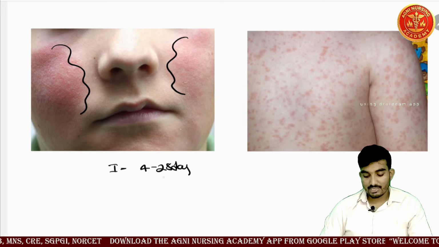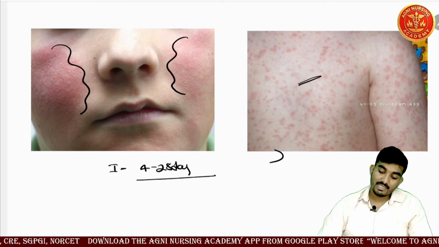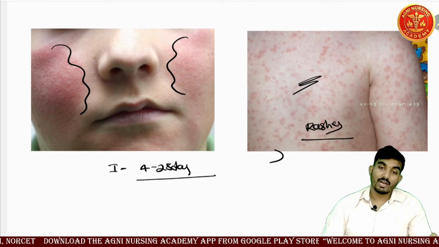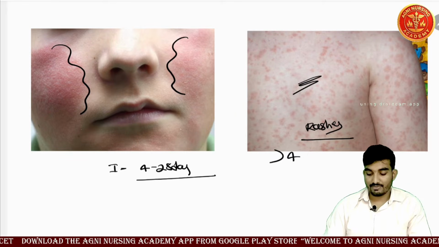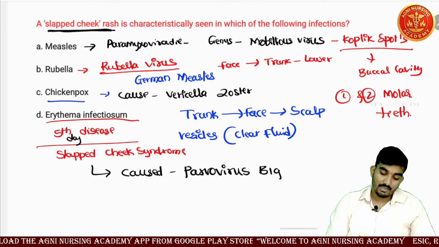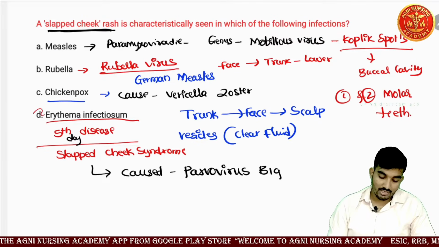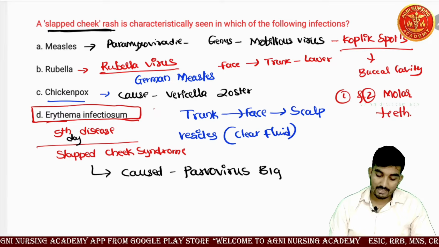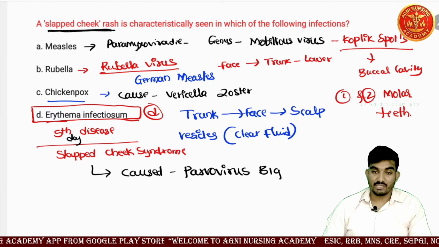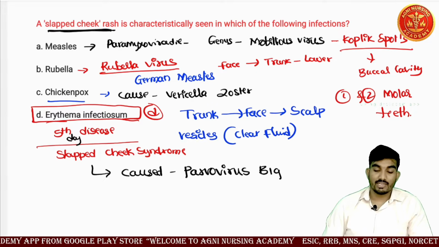After about 4 days, rashes will appear on the body. The correct answer for our question is option D, fifth disease or erythema infectiosum. Now we'll go to the next question.